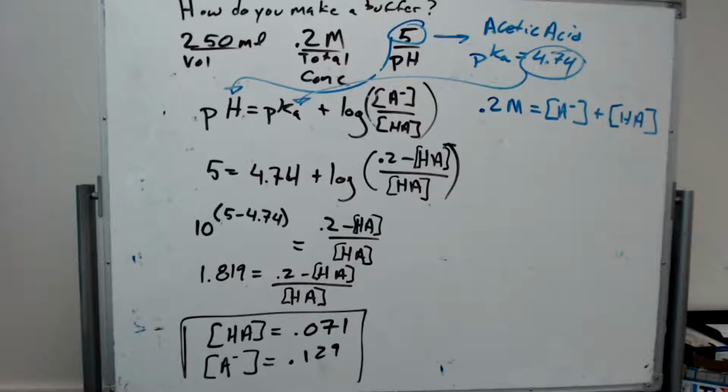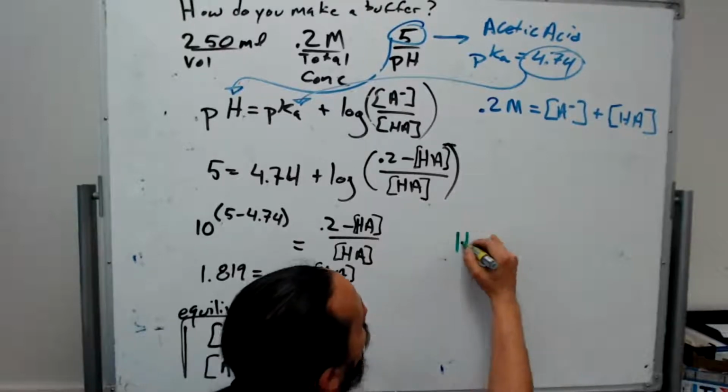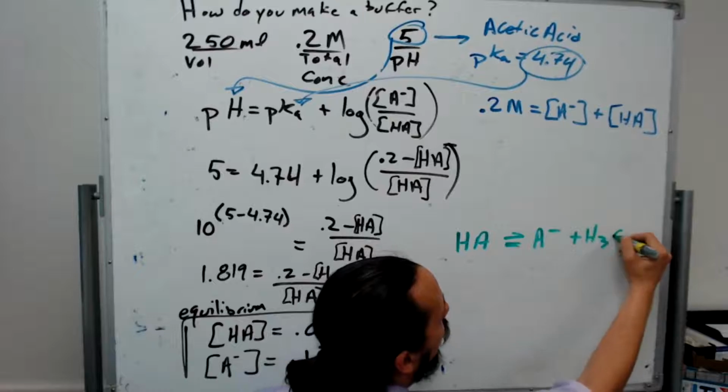Something that's important to remember: those are the equilibrium concentrations we want, right? Now, I'll do the ICE table real quick for how we're going to do this backwards. We're going to have HA goes to A minus plus H3O plus.